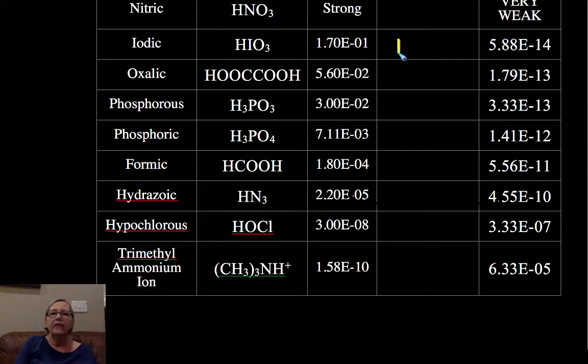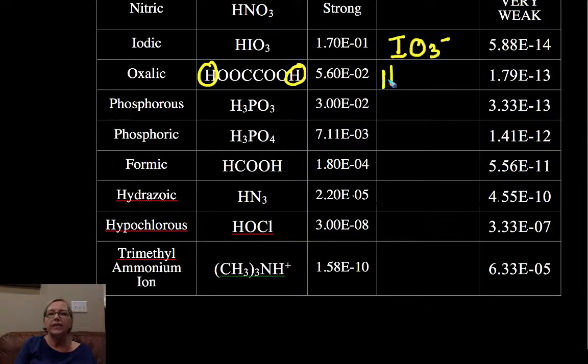So if I have iodic acid, that's fairly strong. It's not strong, but it's fairly strong acid with a really weak conjugate. Oxalic acid actually has 2 acidic H's, so this would be just for one of them.